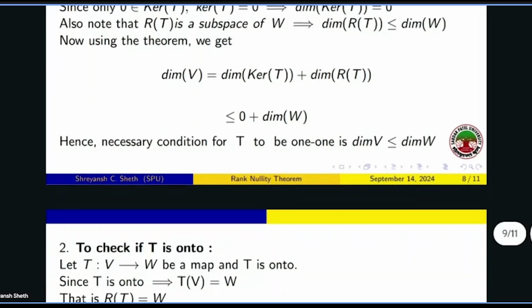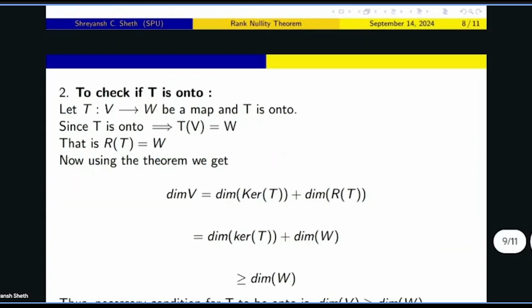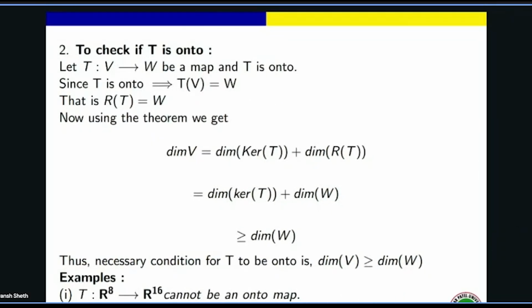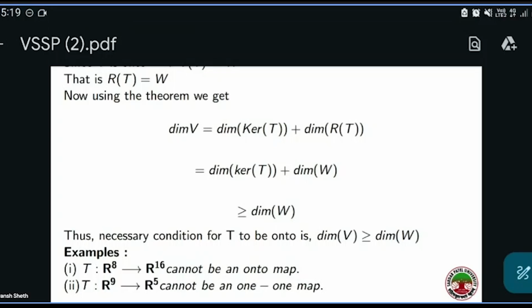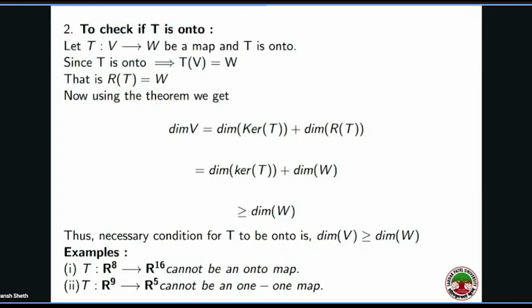Another application is if we want to check whether T is onto. Since T is onto, we know that the image of the domain space is the codomain. That is, range space is equal to the entire codomain, right? So dimension of V is equal to dimension of kernel T plus dimension of range of T. Now we know that dimension of kernel space is again a non-negative quantity.